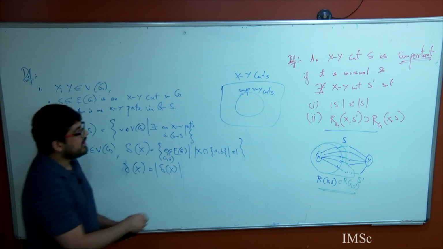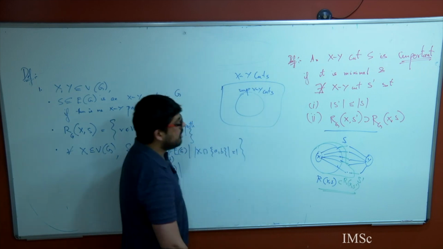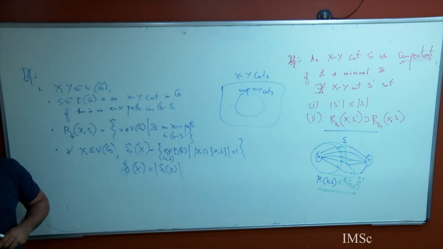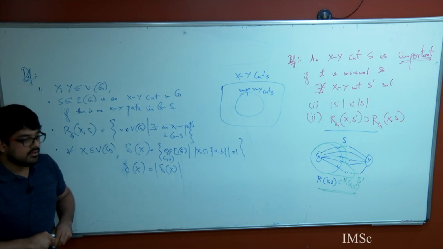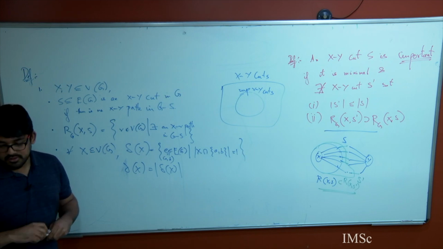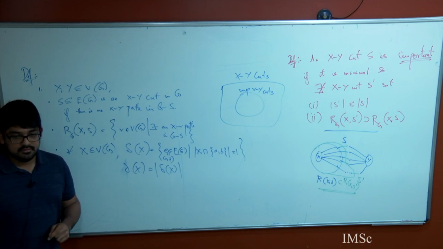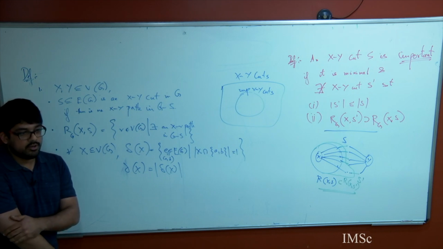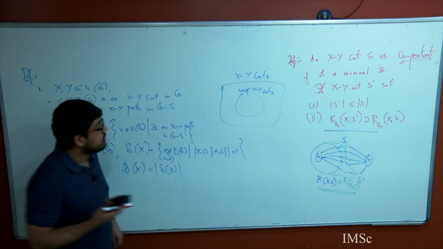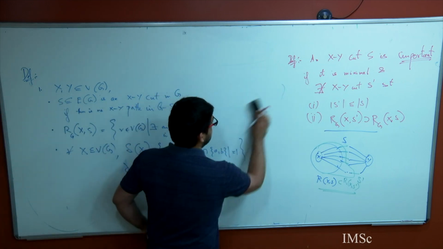So any thoughts on how many XY cuts of size K there can be in the graph? Well, 2 to the m is an upper bound for sure. Anything better? Or at least a lower bound? Can it depend only on K? So what is my question?